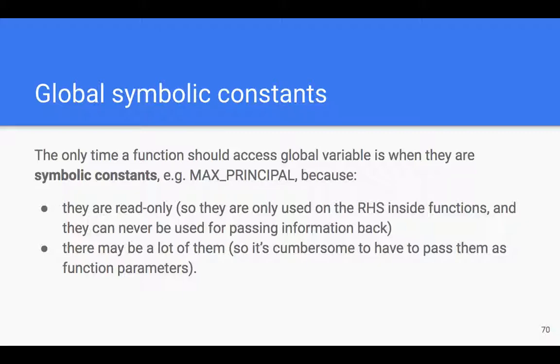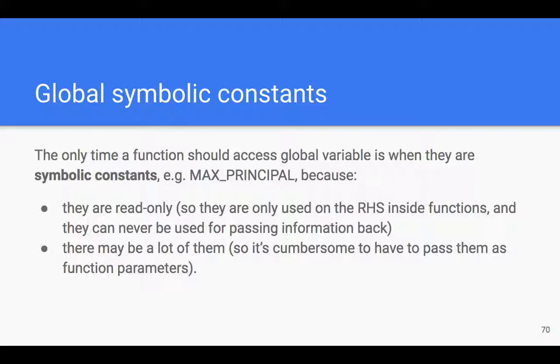Now, are global variables ever any good for anything? Well, they do have their place. The one really good use case for global variables is symbolic constants, such as the max principle that we used in our previous assignment.